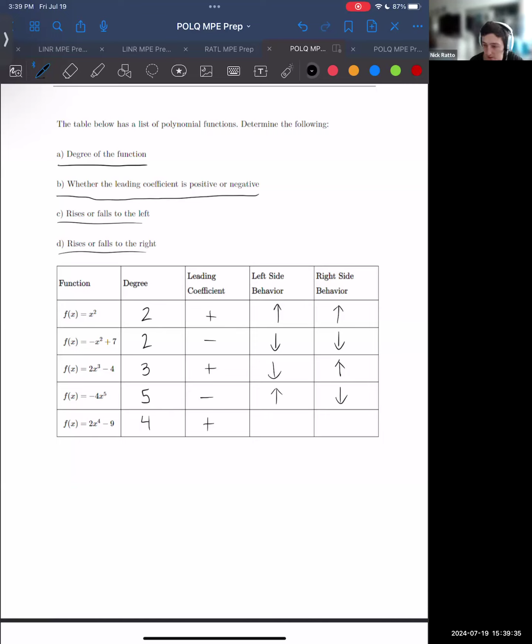Positive, negative, right? Backwards S shape. Okay. And finally, we have a degree 4 polynomial with a positive leading coefficient. Yep. Perfect.